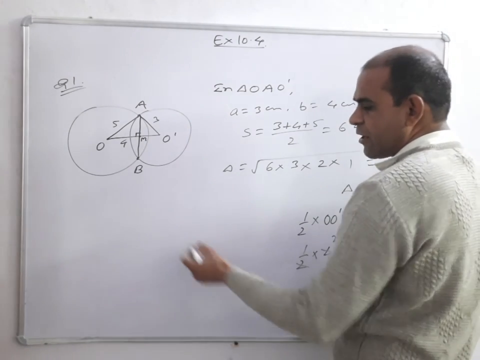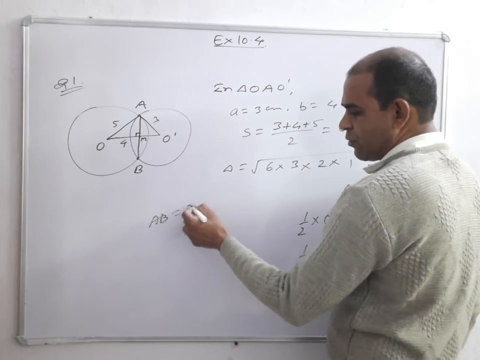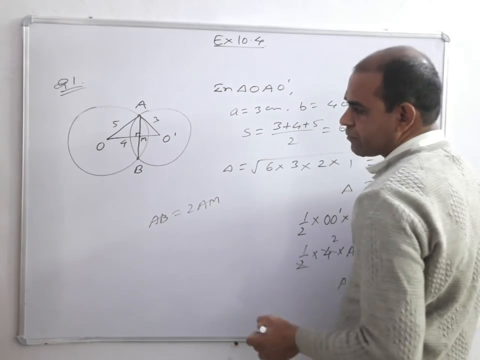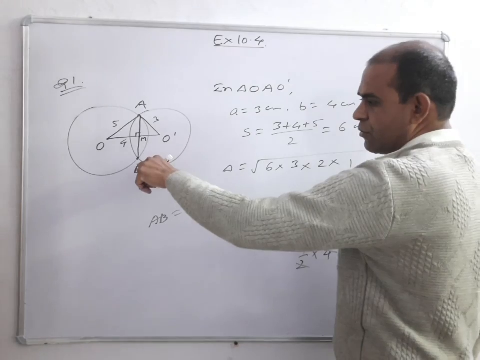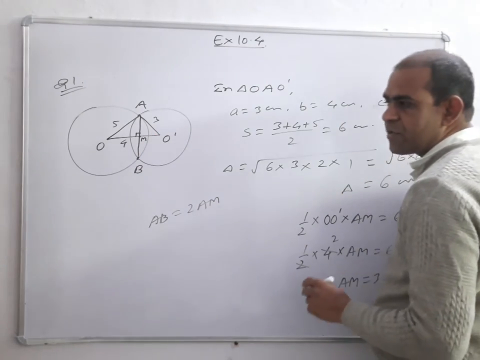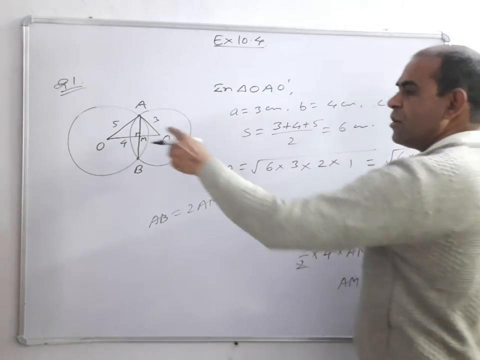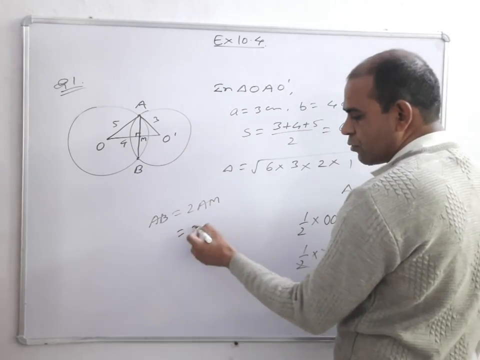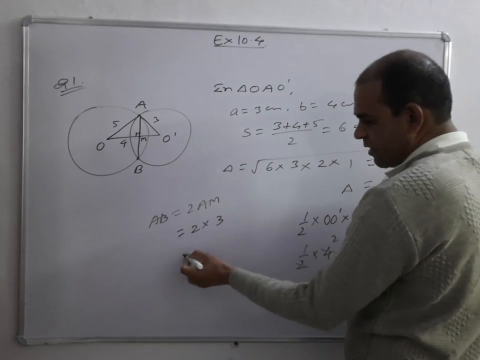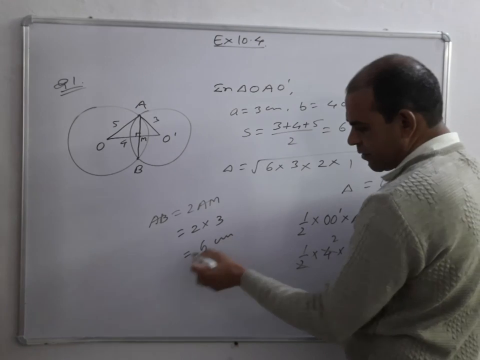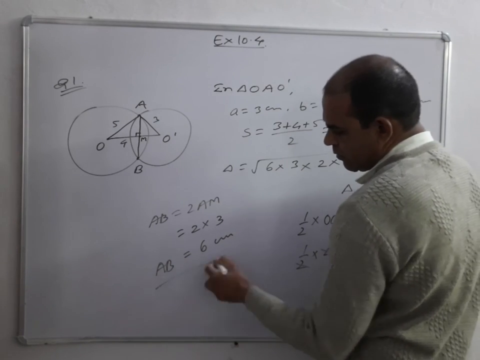AM is 3 centimeter and AB equal to twice of AM, because perpendicular from center to chord bisects the chord. So 2 into AM, AM is 3, and finally 6 centimeter is the length of AB.